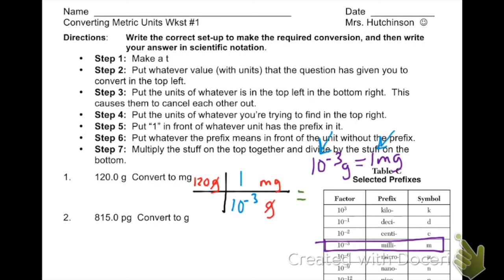So we are going to have 120 over 10 to the negative 3. So in dividing, we're going to come out with an answer of 120,000 milligrams.